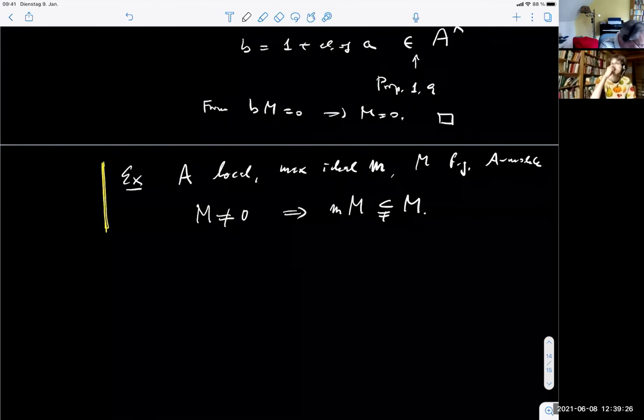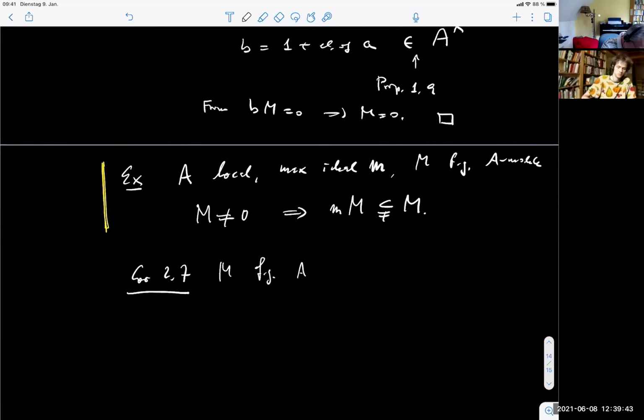Good. So there is another corollary. This is also useful. Let me write it, but it will be basically for free. Corollary 2.7. Let M be a finitely generated A module.